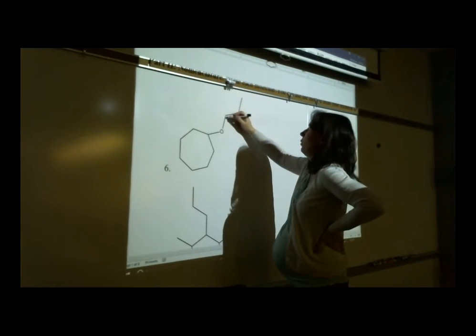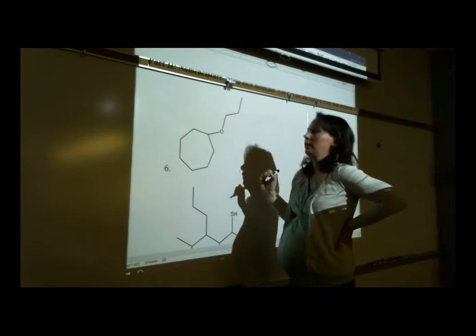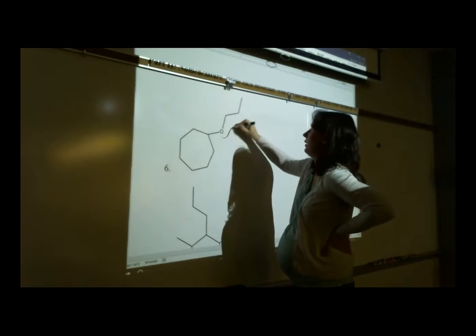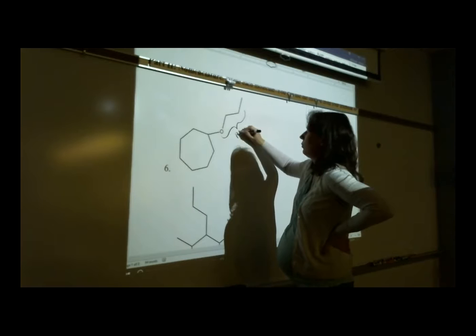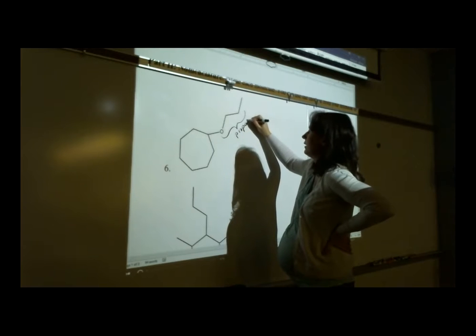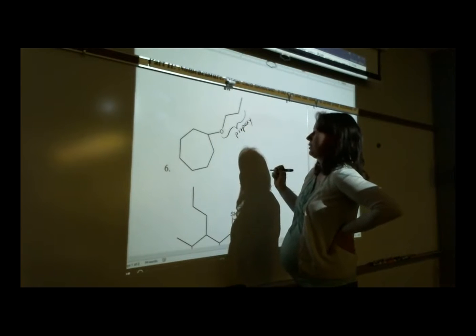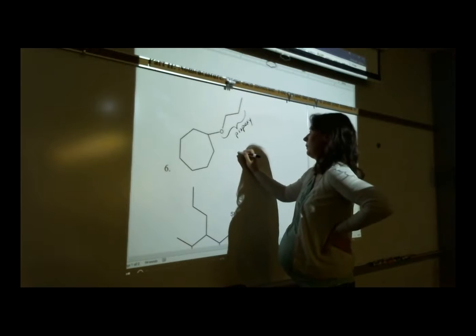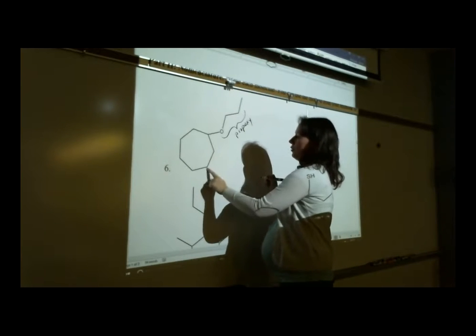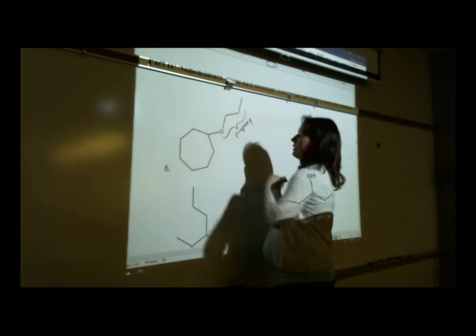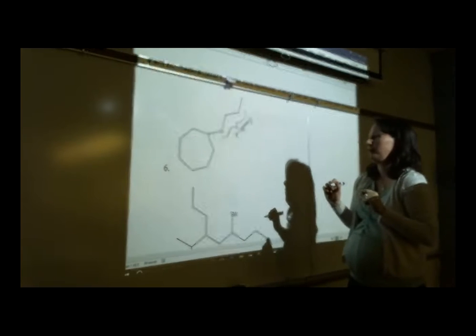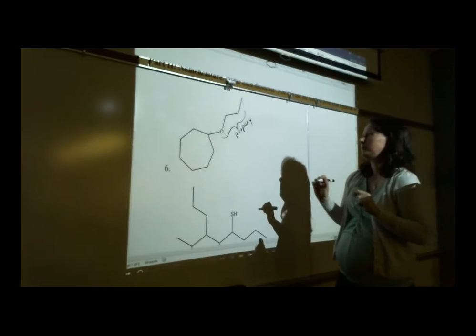This is a 1, 2, 3 carbon chain. So this is called a propoxy. This is a 1, 2, 3, 4, 5, 6, 7, a 7-membered ring. So what would that be?